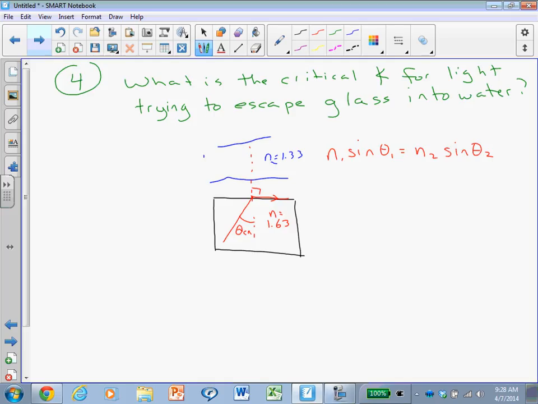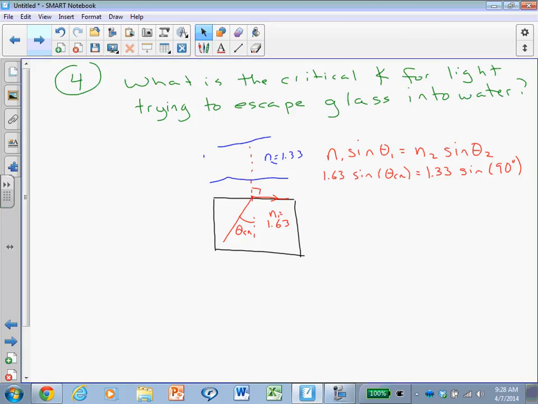So we have 1.63 sine of theta 1, which is theta crit, equals 1.33 times the sine of, what's our theta 2? 90 degrees. Now the sine of 90 happens to be what? 1. So 1.33 divided by 1.63 is 0.816.